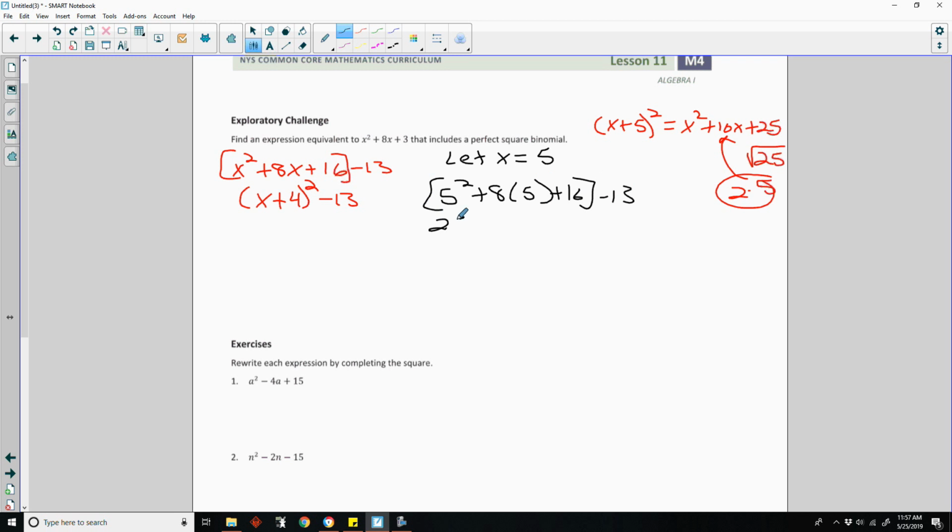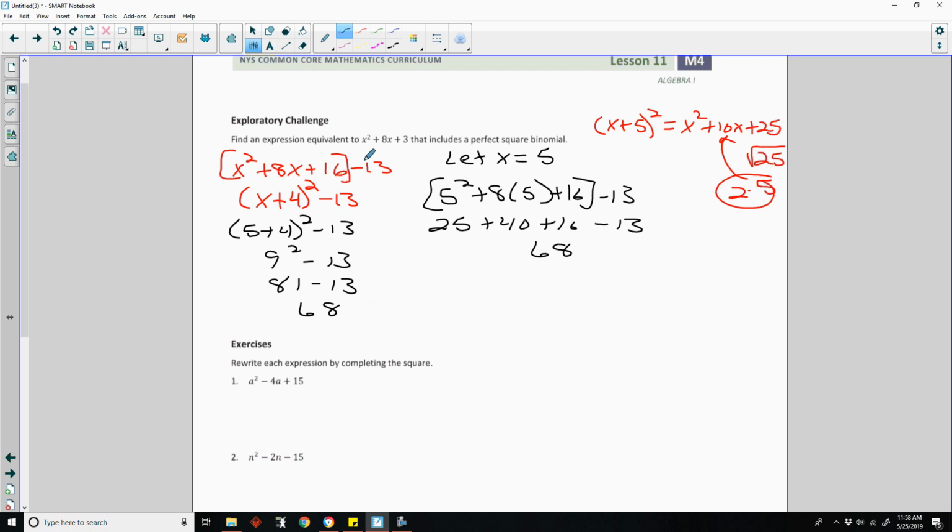That'd be 25 plus 40 plus 16 minus 13. 25 plus 40 is 65, plus 16 is 81, minus 13 is 68. If I plug in a 5 here, that would be 5 plus 4 squared minus 13, which is 9 squared minus 13. 81 minus 13 is 68.